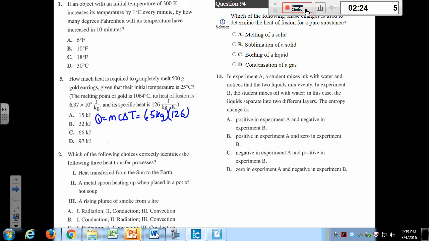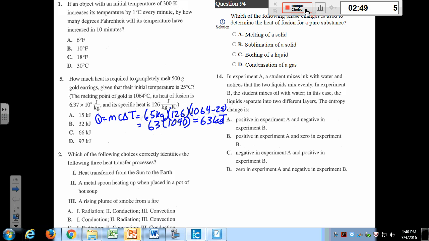So I have 1064 minus 25. That's about 63 times 1040, so about 63,000 joules, or 63 kilojoules.